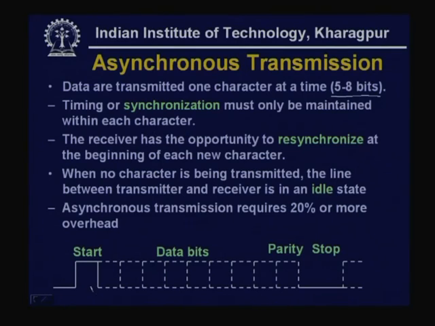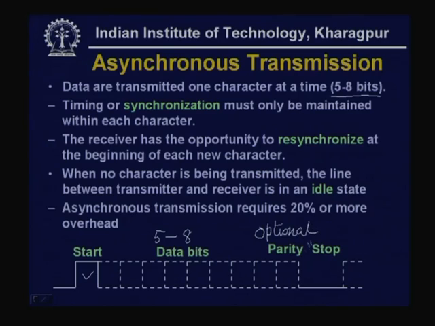We have already discussed this. With the help of a start bit, the synchronization is achieved, and this signifies the beginning of a character, and after that there can be data bits which can vary from 5 to 8, and there is an optional parity bit.